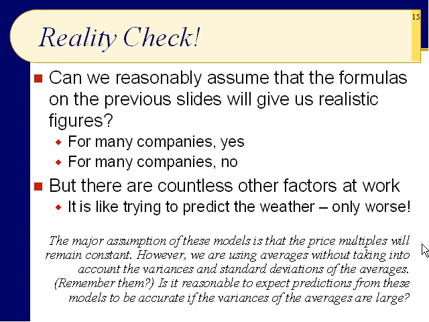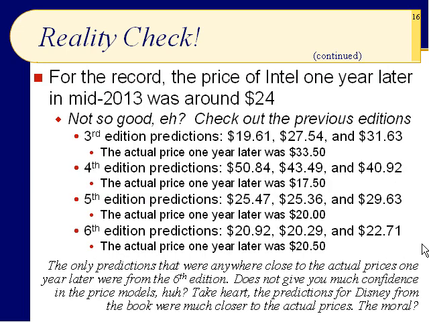It's as if you stuck your one foot in a bucket of boiling water and the other foot in a bucket of ice and said, well, on average, I'm about 70 degrees. Is it reasonable to expect predictions from these models to be accurate if the variances of the average are large? Well, obviously no. Slide number 16.